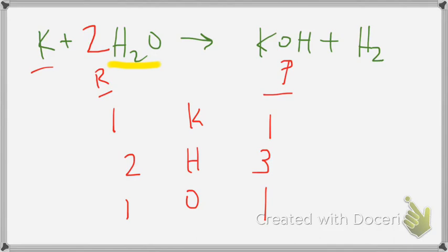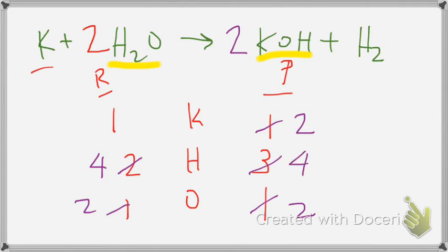So that's going to change this to where we now have a total of 4 hydrogens and 2 oxygens, but the potassium remains unchanged. So how can we balance the oxygens on the product side? Well, we can balance those by putting a 2 in front of potassium hydroxide. That means now we're going to have 2 potassiums, 2 oxygens, and a total of 4 hydrogens on the products.